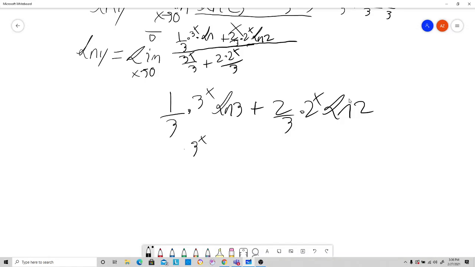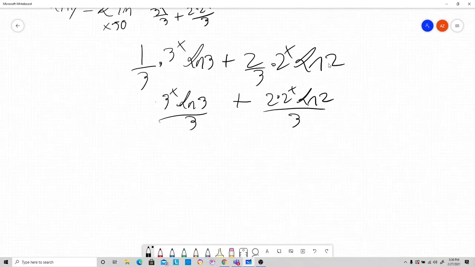It'll be 3^x ln of 3 over 3 plus 2 times 2^x ln of 2 over 3. And then if we add them together, that would be 3 over 3^x ln of 3 plus 2 times 2^x times the ln of 2.